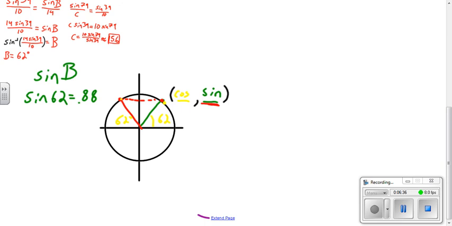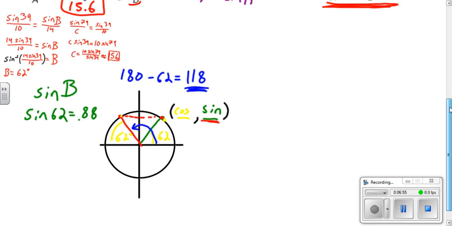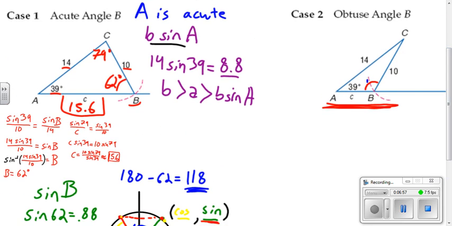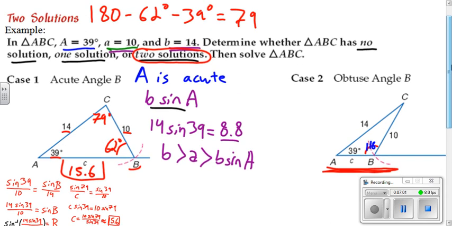So if our reference angle in quadrant 2 is 62, that means that the entire angle here is going to be 180 minus 62, which means that we're looking at an angle of 118. So we know our angle B, when it's obtuse, is 118, which again is very helpful.